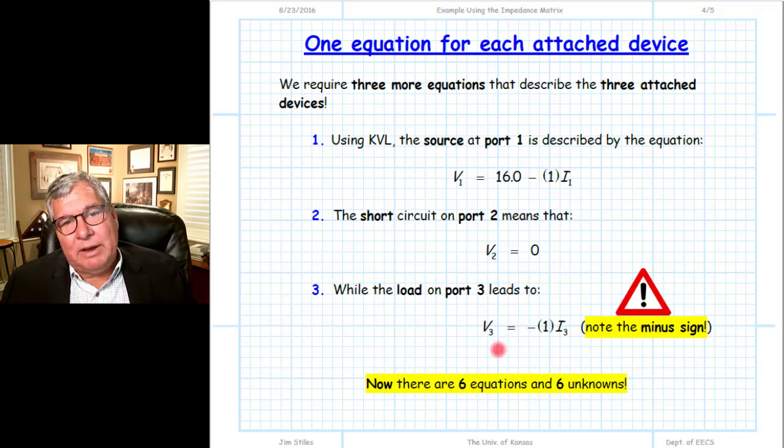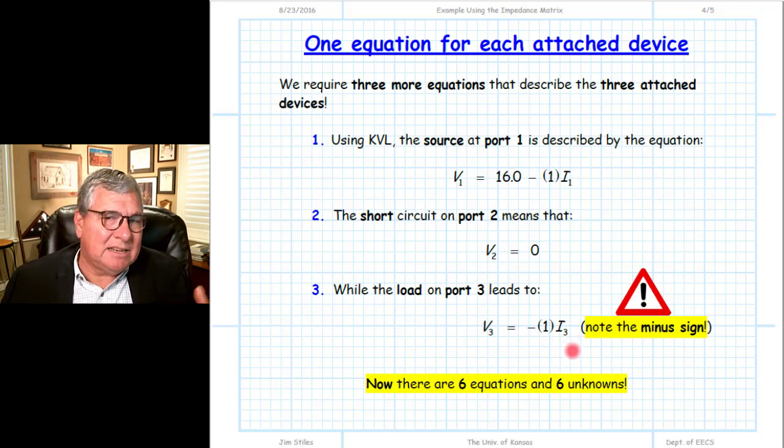And then finally, we have a 1 ohm load, a 1 ohm resistor on port 3. And of course, the equation that relates the voltage across that 1 ohm resistor to the current through the 1 ohm resistor is Ohm's law. Now be very careful here. When we go through and we write Ohm's law, we have to write it in terms, again, of V3 and I3.